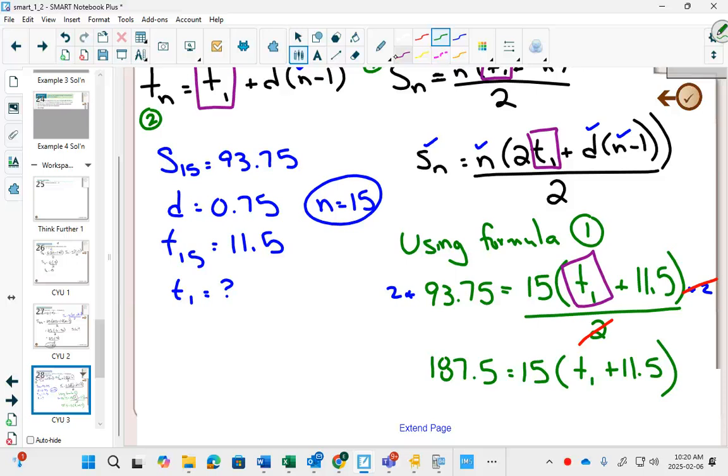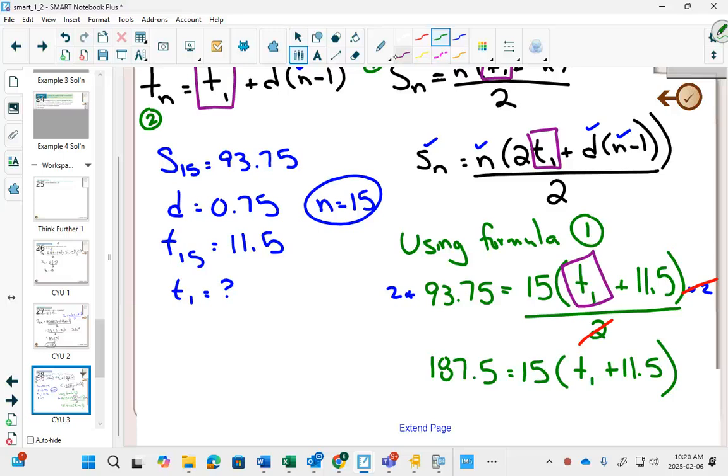You have a little bit of mathematical options. If you want, you can get rid of this 15 because it's 15 times something. You could do the opposite of multiplying by 15, divide by 15. That's option 1. Option 2, what do we do when we have brackets and a number out front? You could distribute. Whether you divide by 15 first or distribute, you will get the same answer.